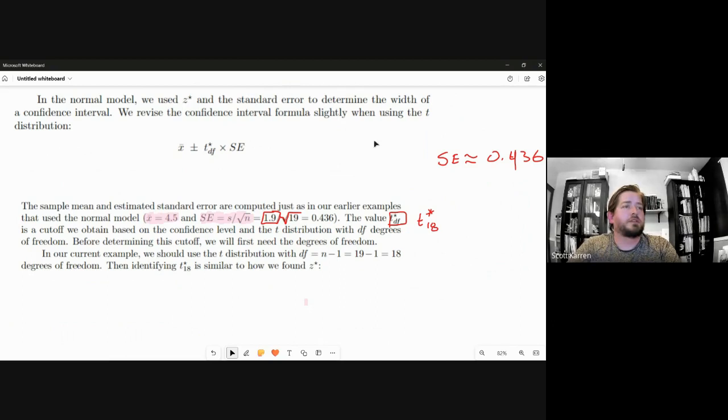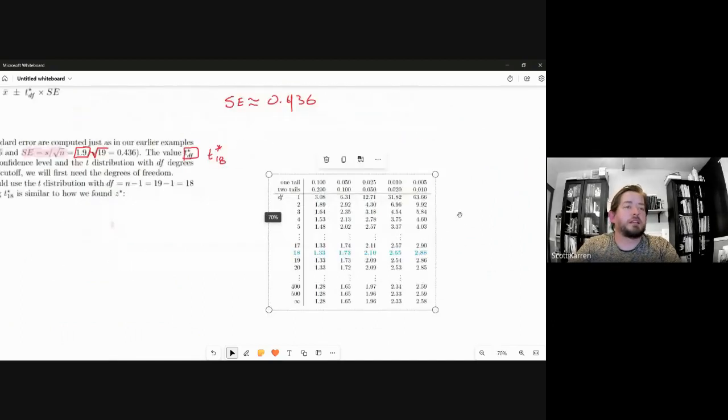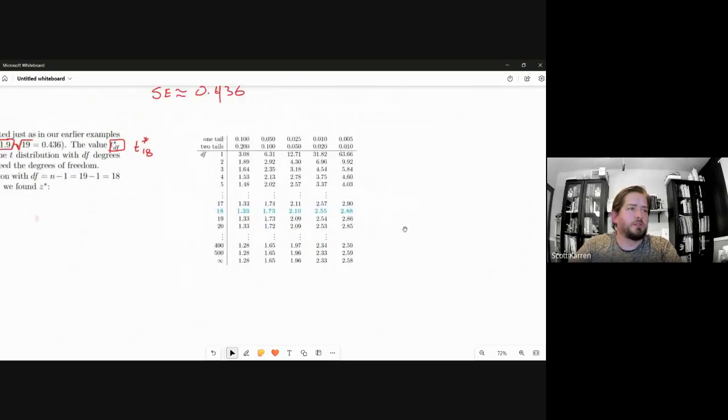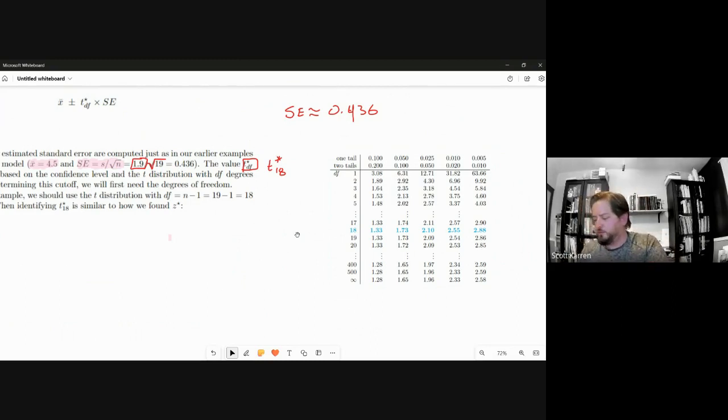And this chart that I'm copying and pasting here is on page 93, but it doesn't have all of the values. Obviously, it's missing 6 through 16 and 21 through 399. There is going to be one in the back of your book, but I also have one here.